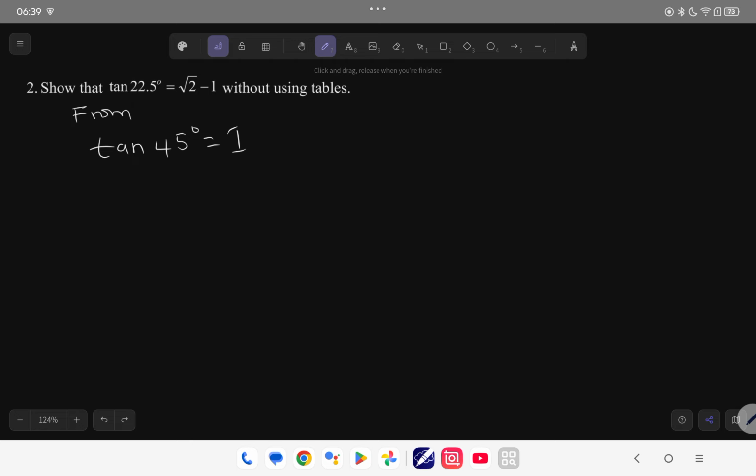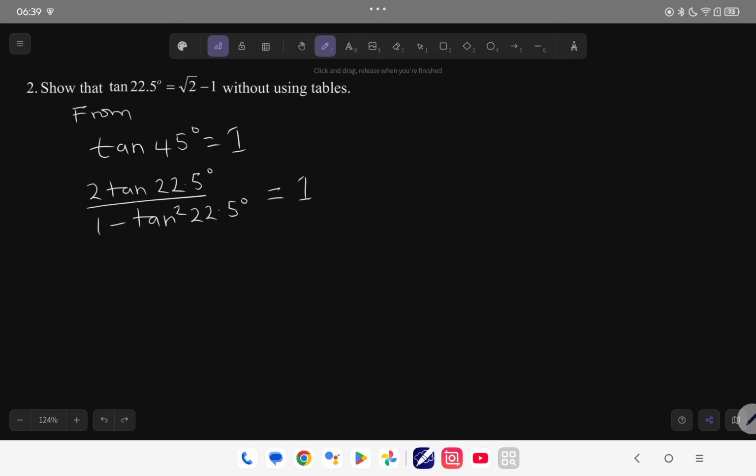Now this tan 45, in terms of the half angle of 22.5, is the same as 2 tan 22.5 degrees over 1 minus tan squared 22.5 degrees, is equal to 1.